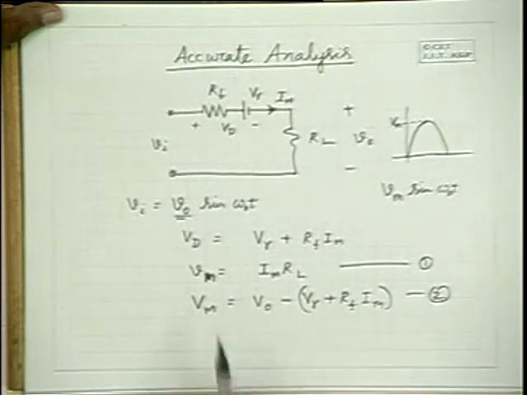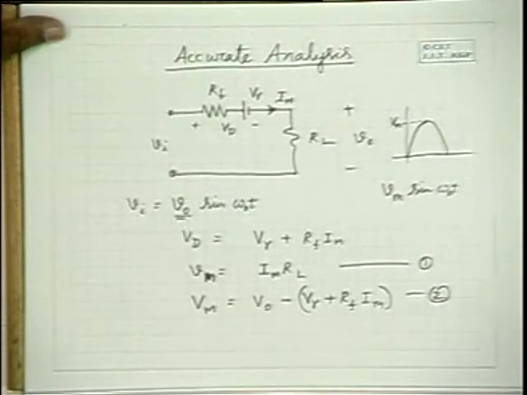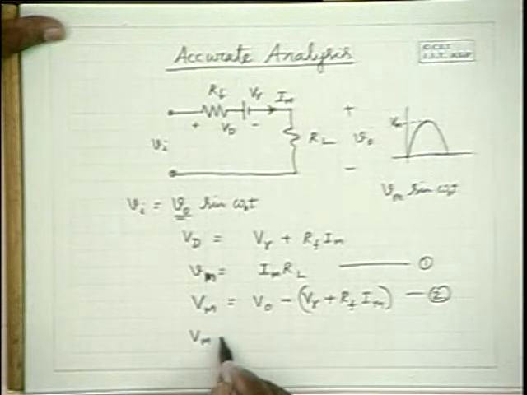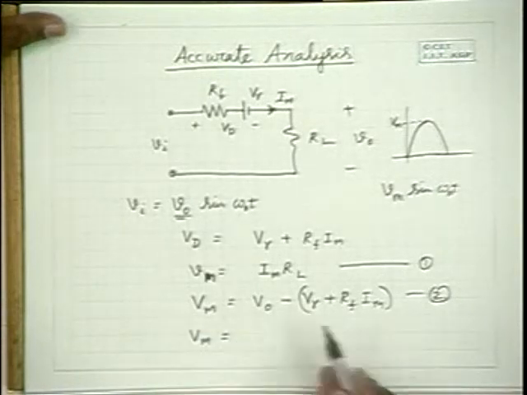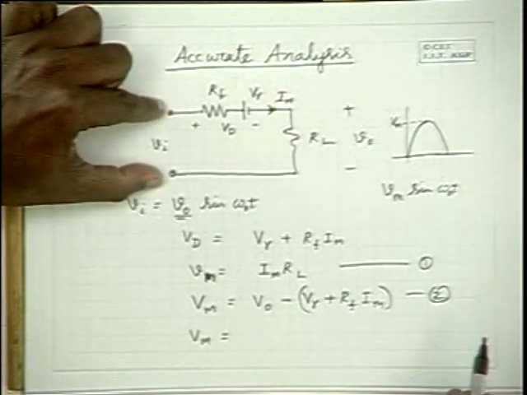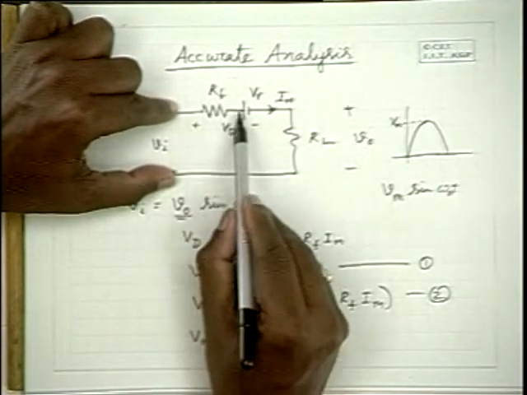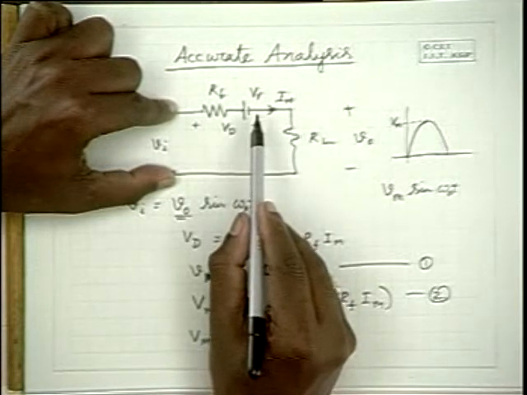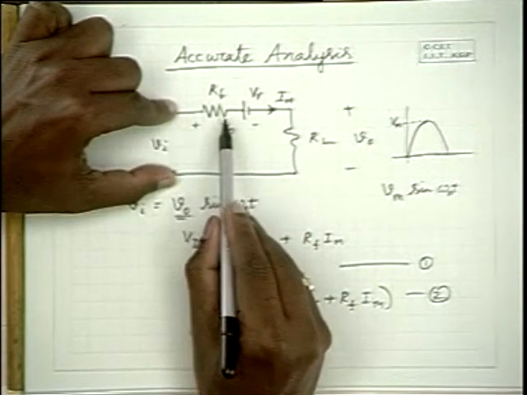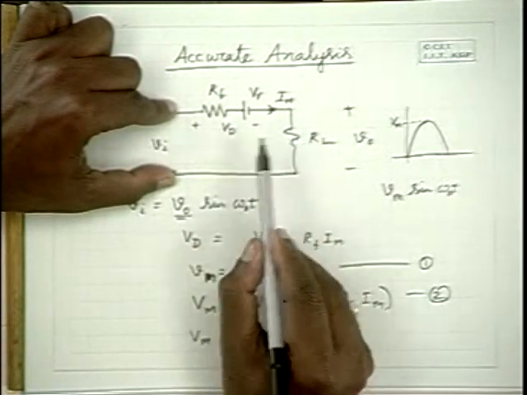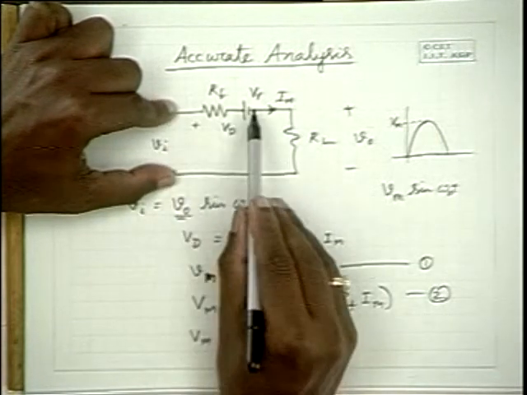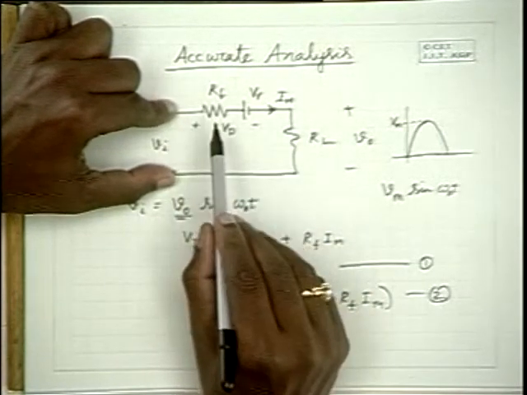How much is Vm? Please substitute and tell me. So Vm naturally is, it is very simple. This peak voltage V0 minus this V gamma is the net drop across RF and RL. That means that voltage V0 minus V gamma is getting divided between RL and RF.